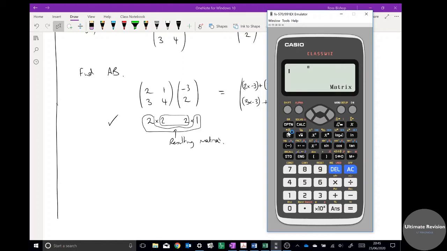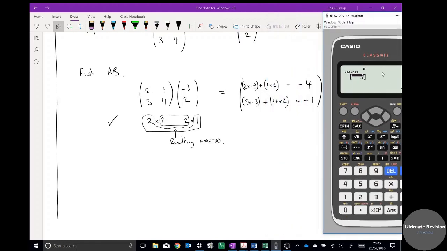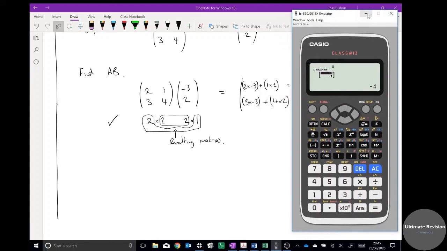Now I can go option, Mat A, multiplied by option, Mat B, 4, and it should give me -4, -1. And you see there the matrix, which is exactly what I want. So you can use your calculator to help you with these multiplications, and always use it as a check.